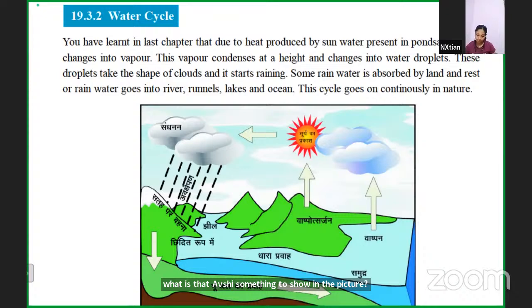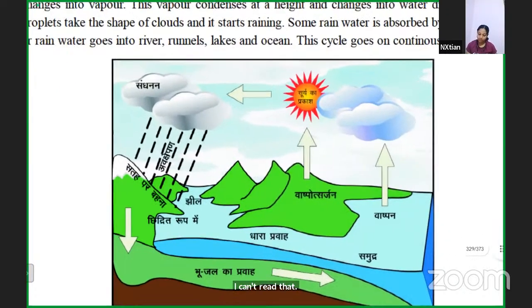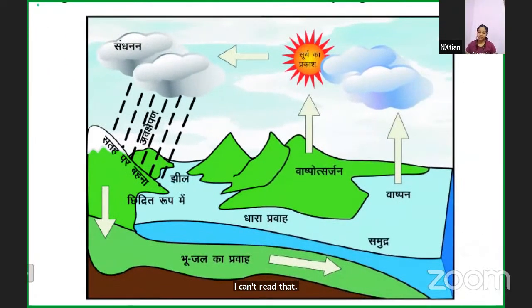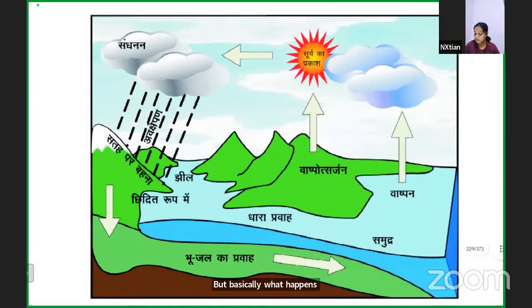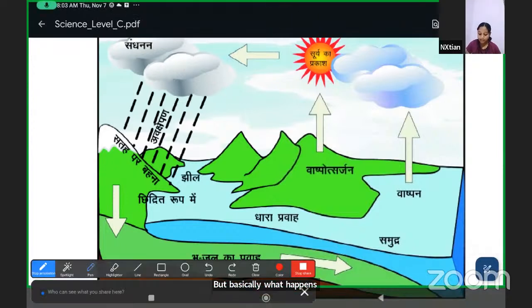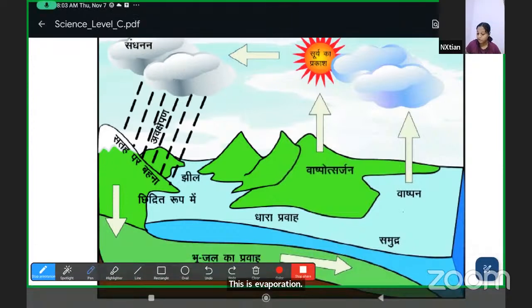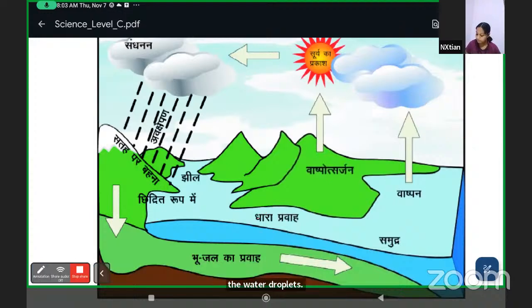What is that word shown in the picture in the rain part? I can't read that, and I don't even know what it is. Like in Hindi, what's the meaning? But basically, this is evaporation taking place here.